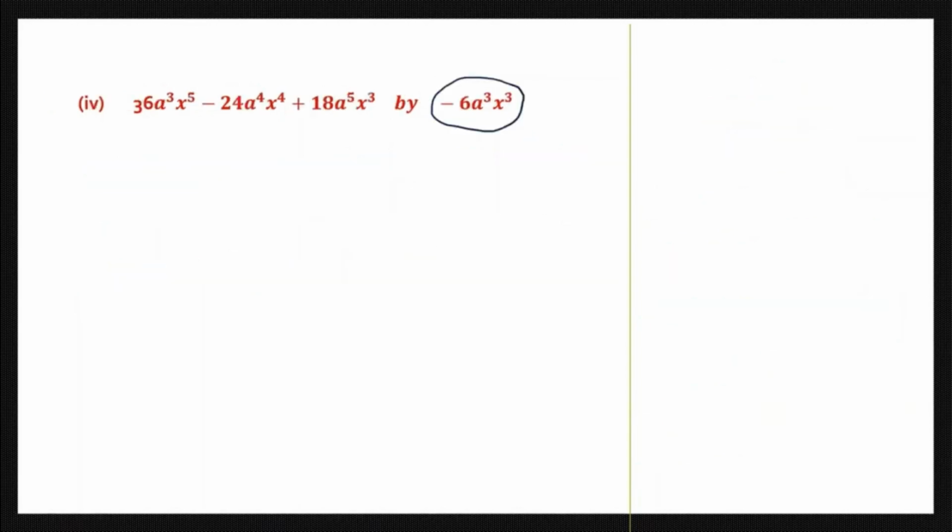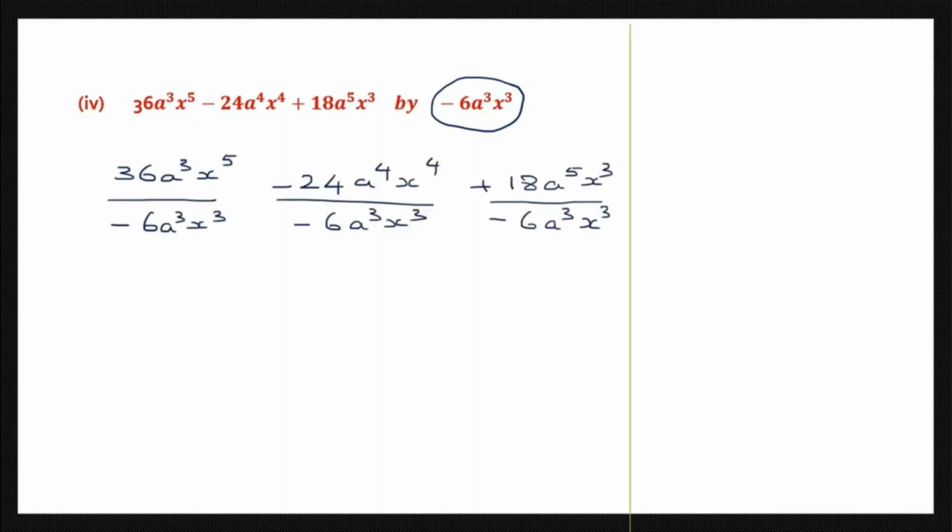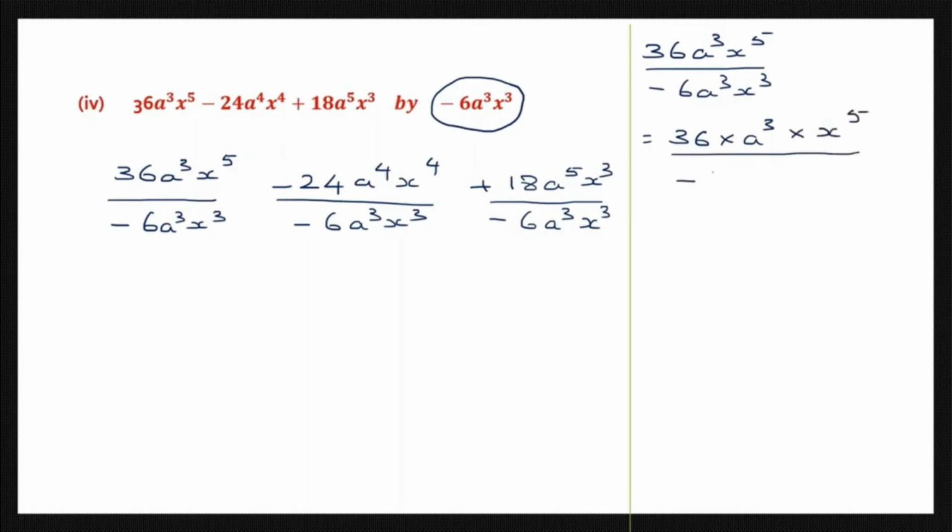Next one. Here also the divisor is minus 6a cubed x cubed, and we have a trinomial. We're going to divide each one by that. Okay, so we're going to divide each term of the trinomial by the divisor. Let's start with the first one. So that will be 36 into a to the power of 3 into x to the power of 5 divided by minus 6 into a to the power of 3 into x to the power of 3. So let's cancel what we can here.